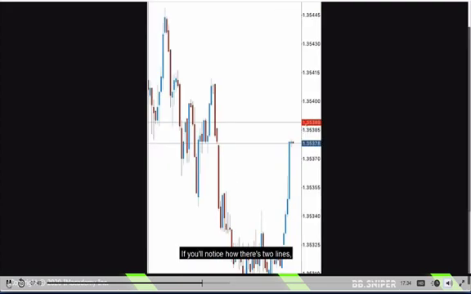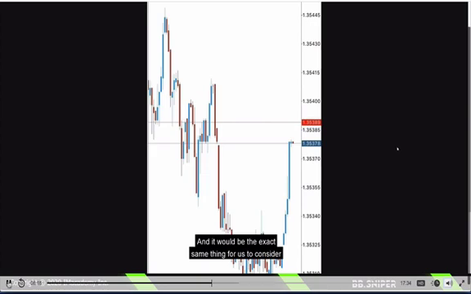If you'll notice how there's 2 lines, one of them at the top and then one of them at the bottom. If we were to go and press buy, we would be getting our entry at the higher price. And then if we were to press sell, we would be taking our entry at the bottom price level, and that would be the cause of the position being in an immediate drawdown, the fact that spread exists.